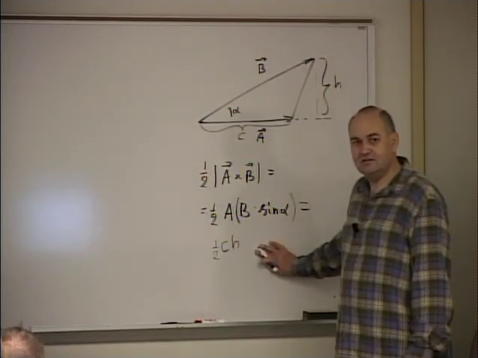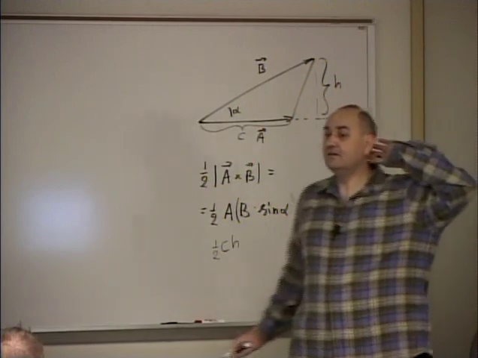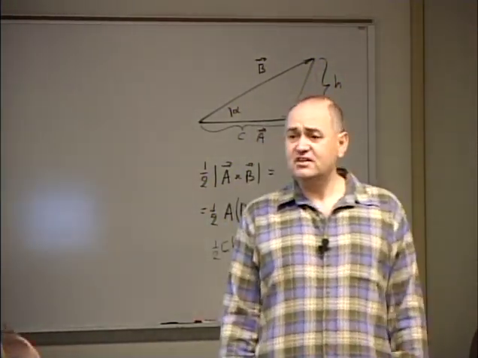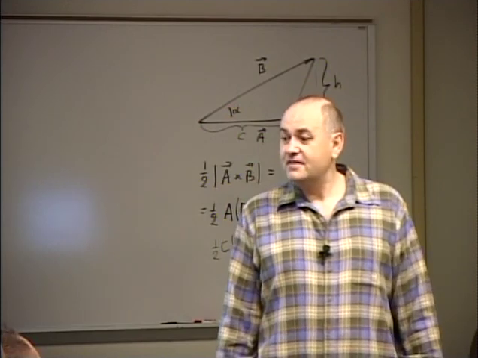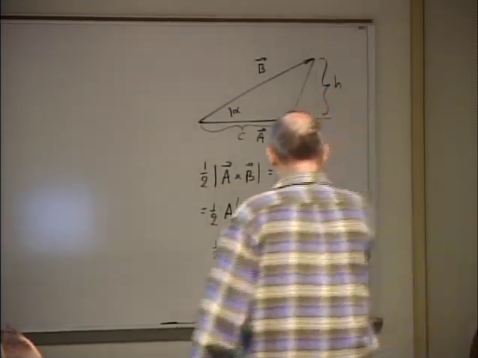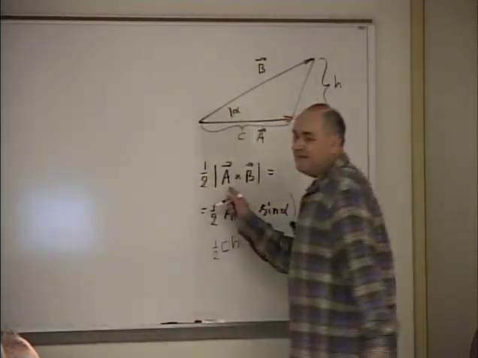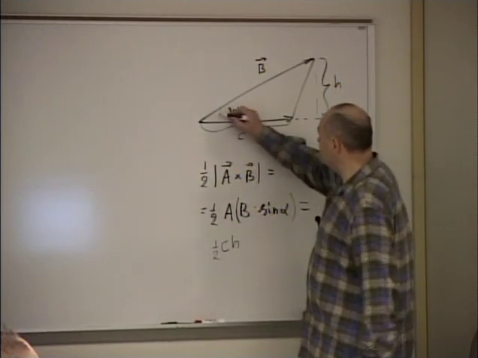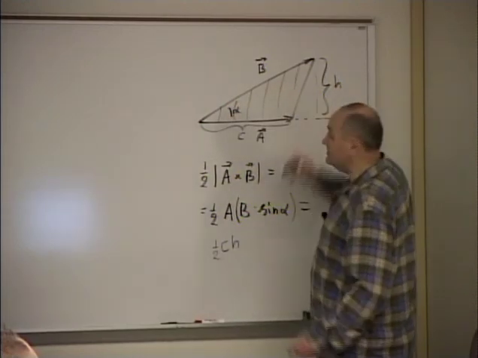What's that? Yeah, 1/2 times base times height. What does it give me? The area of the triangle, correct. So 1/2 of the magnitude of the vector product formed by the sides of the triangle gives the area of the triangle.